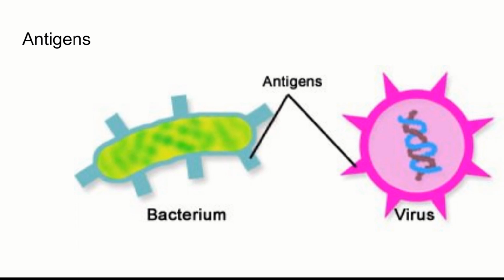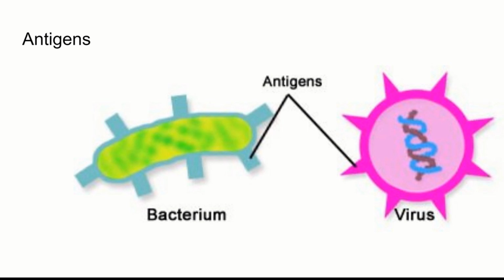In order for our body to defend against an infection, we have to recognize it as an infectious agent. We have to recognize it as a pathogen. That identification comes from a specific fragment of the pathogen. That fragment is called an antigen.